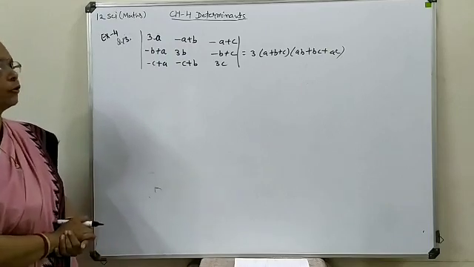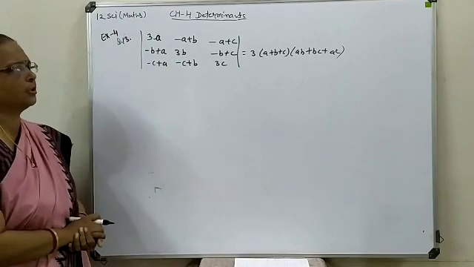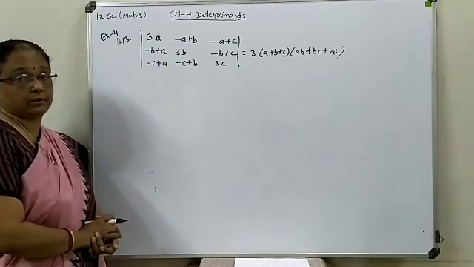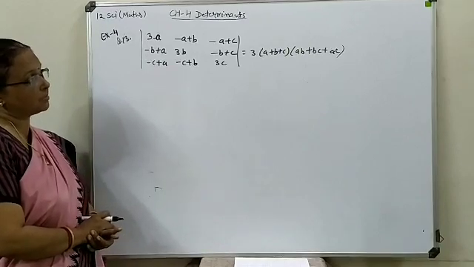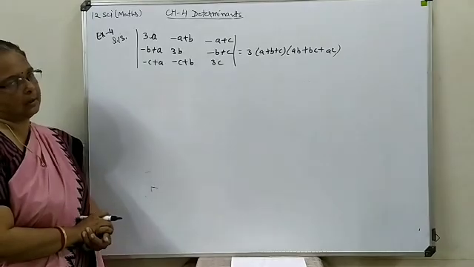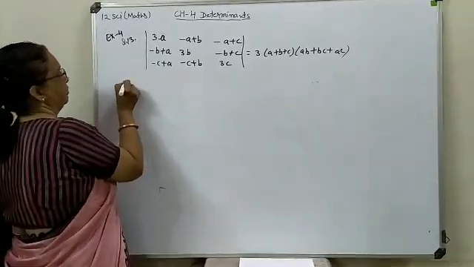Now next we are having question number 13, again in which somewhat odd combinations we are having, and the final answer you have to turn as a product of the 3 factors: 3 times a plus b plus c, multiplied with the ab plus bc plus ac form. So let's start with the solution with the given determinant form.